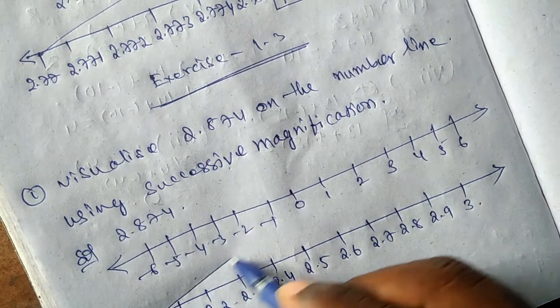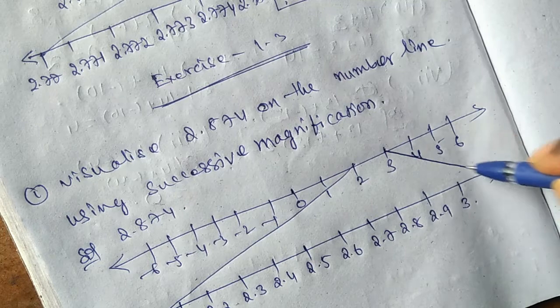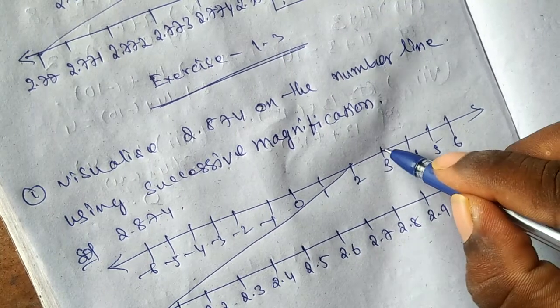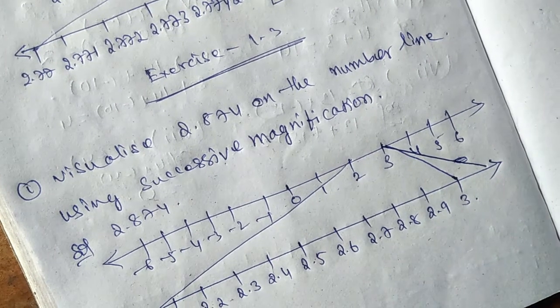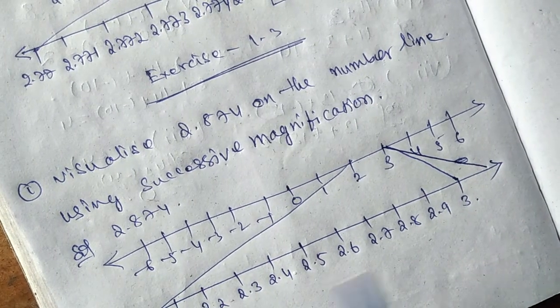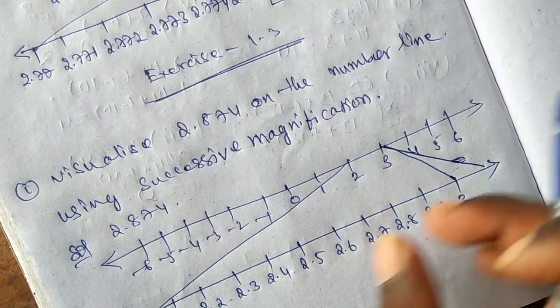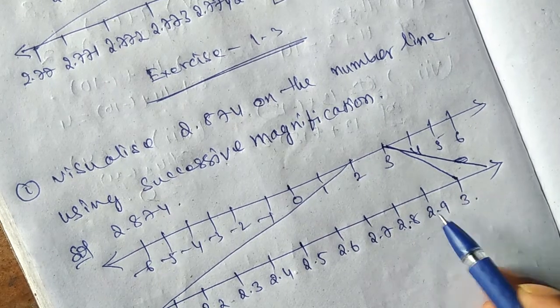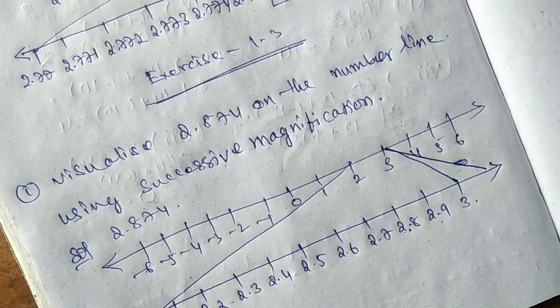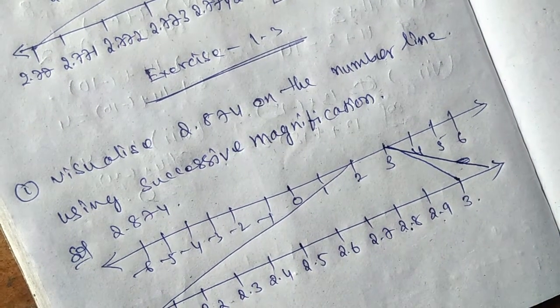This is the magnification of the portion between 2 and 3. Now where does it lie? Where is 2.8? This is 2.8, and next is 2.9. This number lies between 2.8 and 2.9. This portion of the number line I am going to magnify.